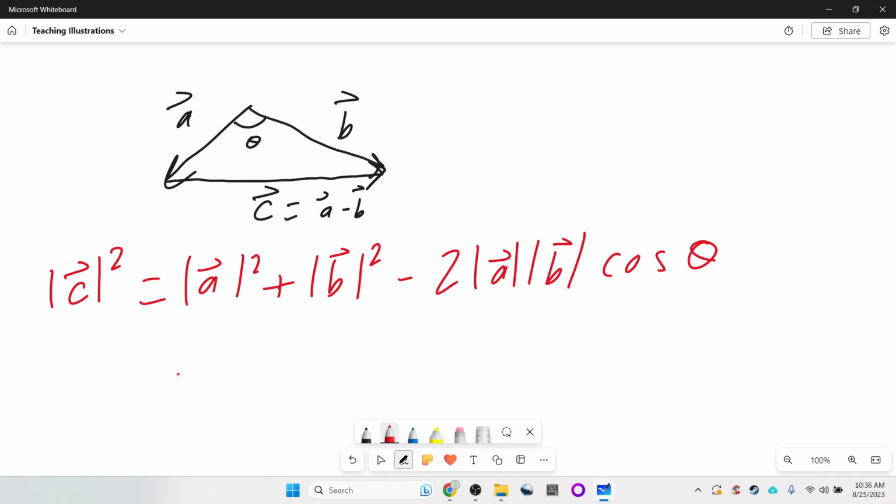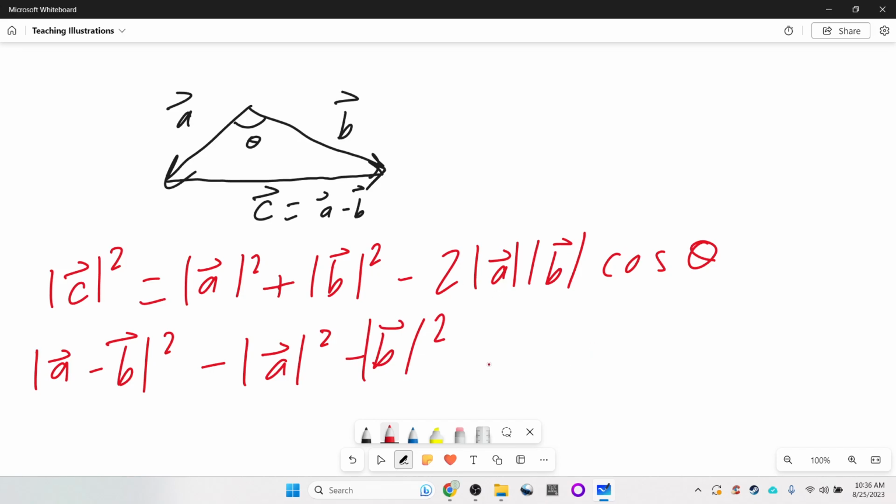Okay, so let's rearrange this a bit. Well, we'll rewrite length of C squared as length of (A minus B) squared, minus length of A squared, minus length of B squared. Just a little algebra, just move those over. Equals negative 2 length A, length B, cosine theta, that's our definition for A dot B. That's our geometric definition.